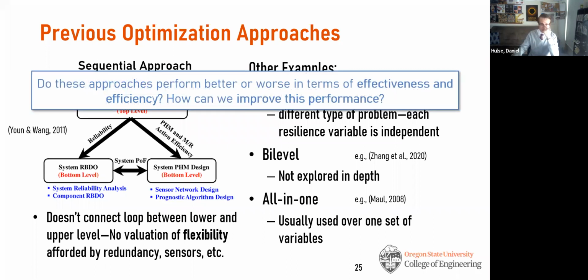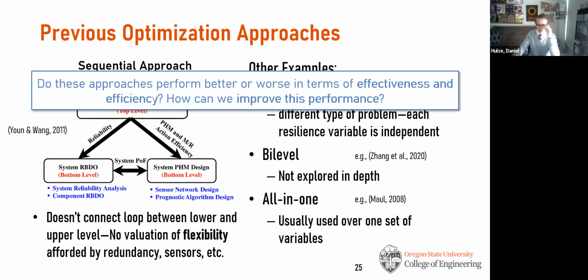And so one question we are trying to solve that hasn't been presented in the research before is, do some of these approaches perform better or worse in terms of effectiveness and efficiency? And if so, how can we improve the performance of these different solutions?